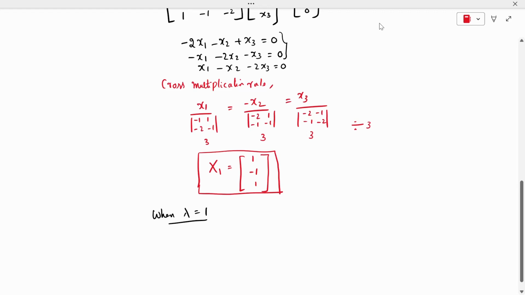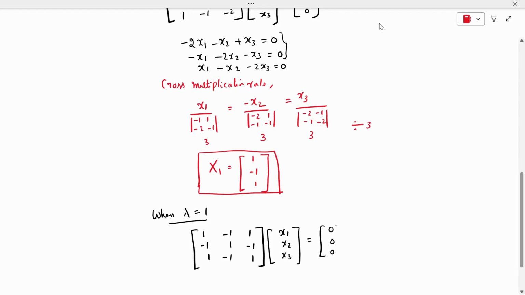When I take it, I get the matrix with entries 1, minus 1, 1; minus 1, 1, minus 1; 1, minus 1, 1. So all three equations are the same: x1 minus x2 plus x3 equal to 0.